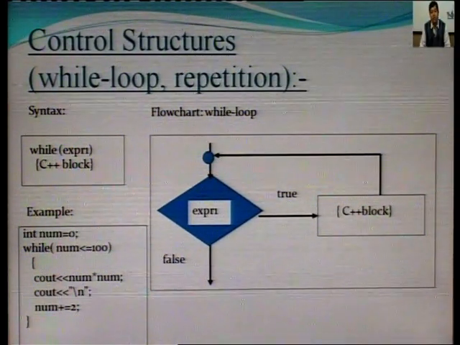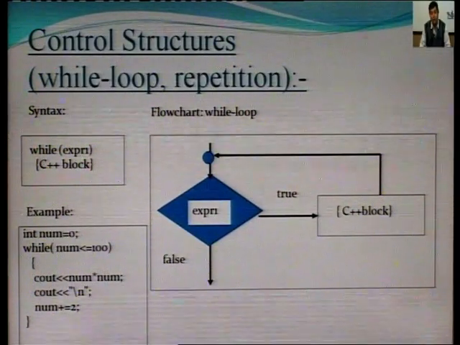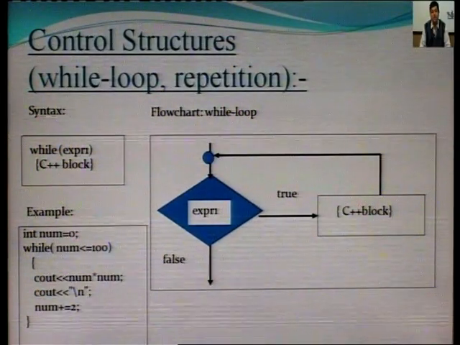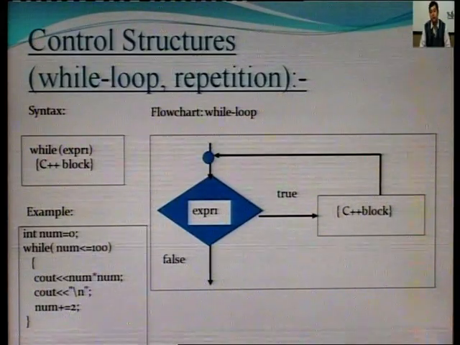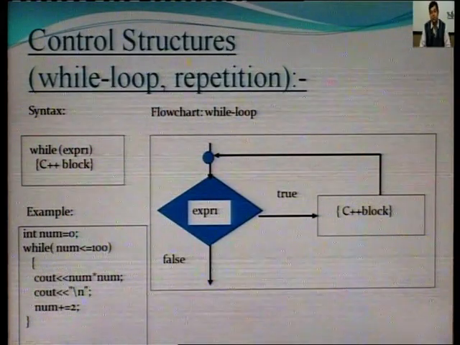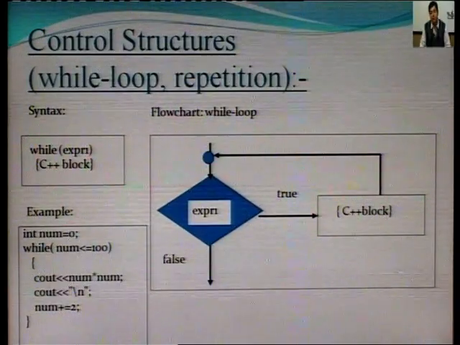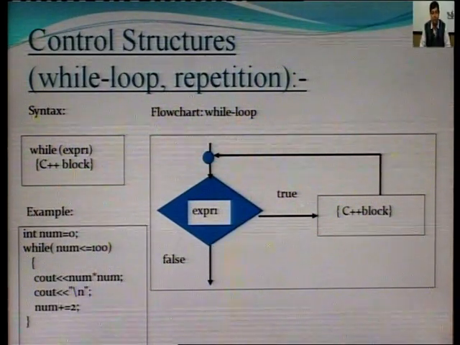The loop will break only when the expression is false, and then it executes the next instruction. So this is the while loop. We can make the computer execute some statements as many times as we want.